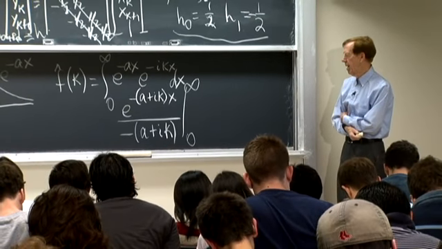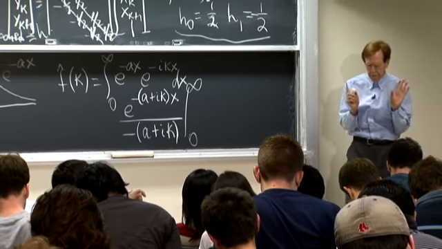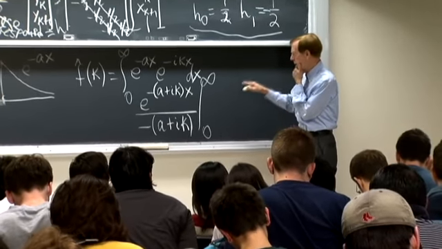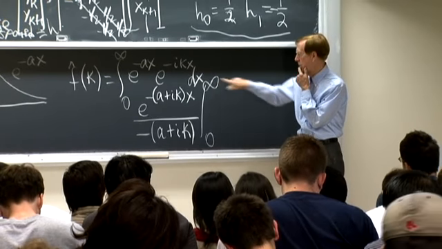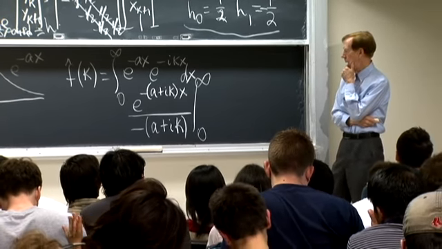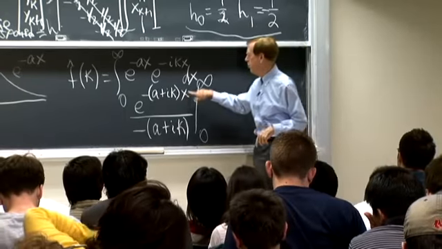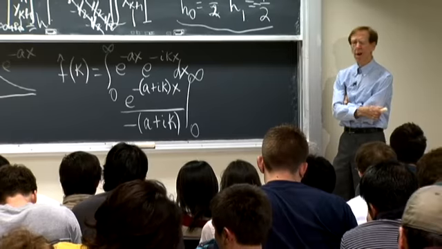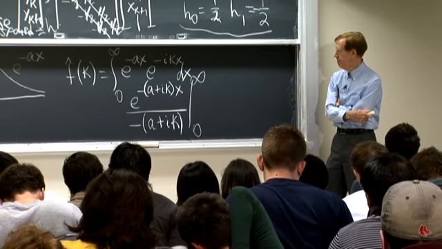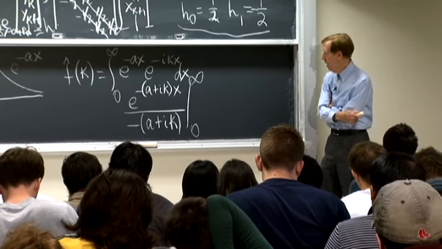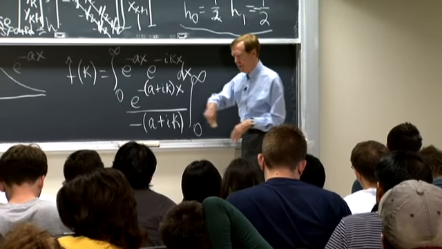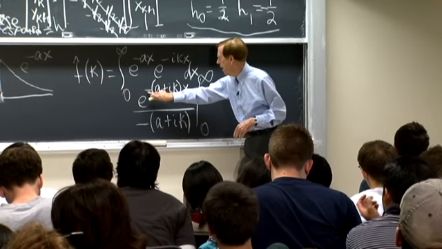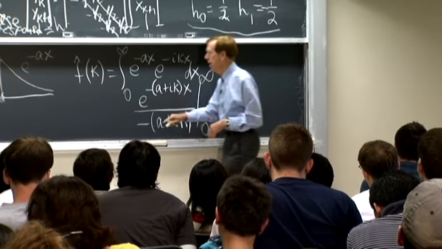And what do I get at the limits? This is a fun part of Fourier integral formulas. What do I get at the upper limit x equal infinity? If x is very large, what does this thing do? It goes to 0. It's gone. The e to the ikx is oscillating around, it's of size 1. But the e to the minus ax, so I needed a to be positive here.